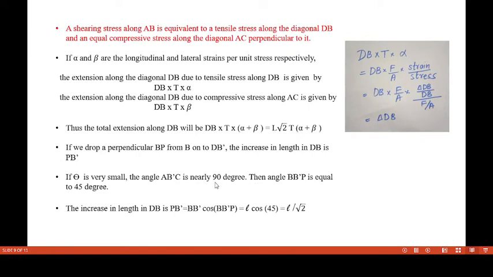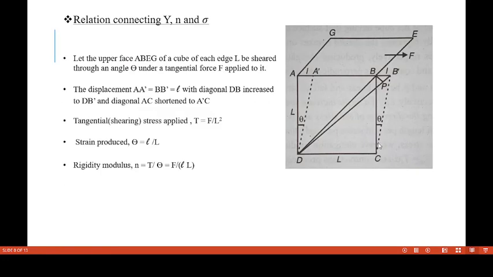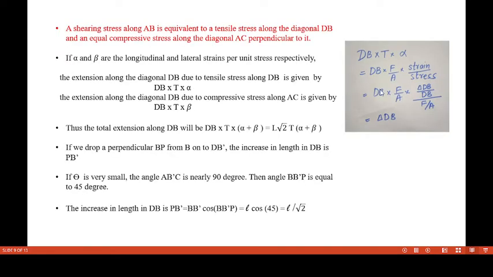If angle A B' C is 90 degree, then angle B B' P can be taken as 45 degree.